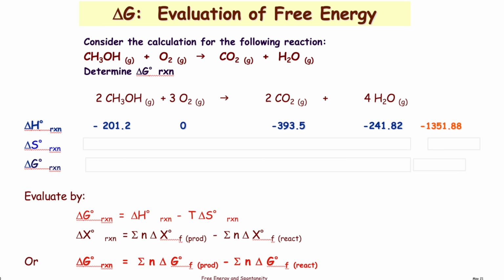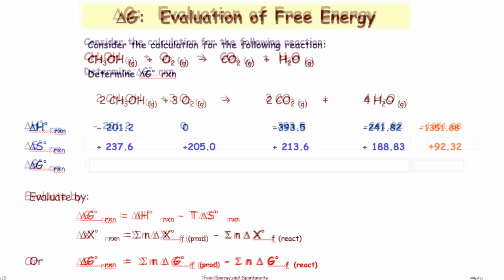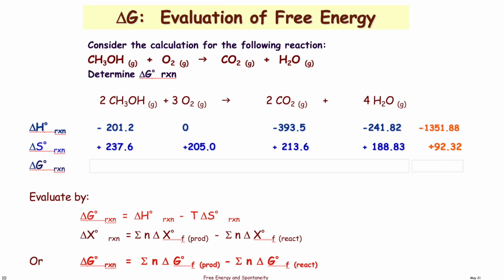When you do that, you get minus 1351.88 kilojoules for delta H, and positive 92.32 joules per Kelvin for delta S. We already took care of the moles because we multiplied by the coefficients in the balanced equation. Notice the two have different units: one is kilojoules, the other is joules. So when you combine them, make sure you convert one to joules or the other to kilojoules. Otherwise, you're going to get messed up. That's a common mistake that I see.